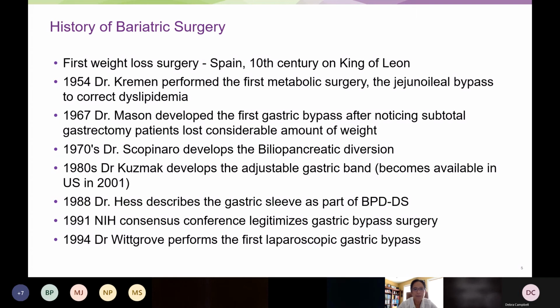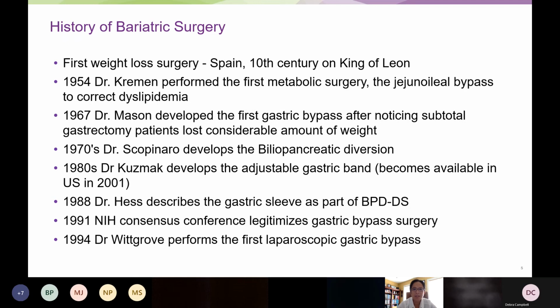In 1954, the first metabolic surgery was undertaken by Dr. Kremen. He converted the normal anatomy to what we call a jejunal-ileal bypass, where he bypassed almost all of the intestine, almost to the colon. The reason he did this was to correct severe familial hyperlipidemia.